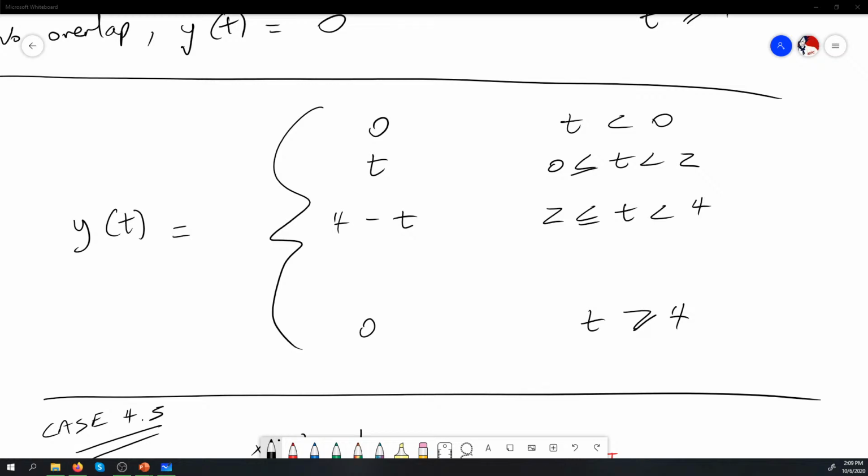Alright, so it looks like we don't have any questions regarding this particular convolution.